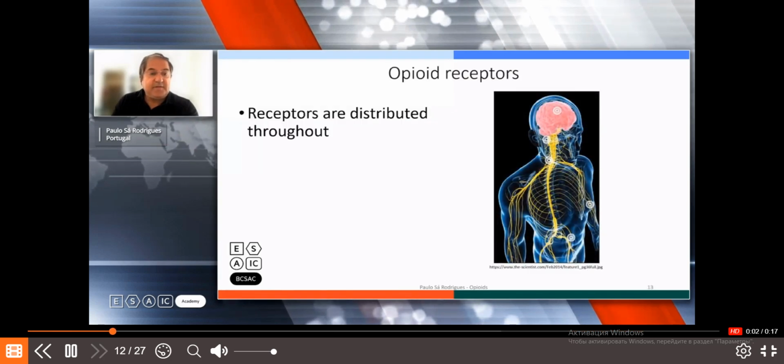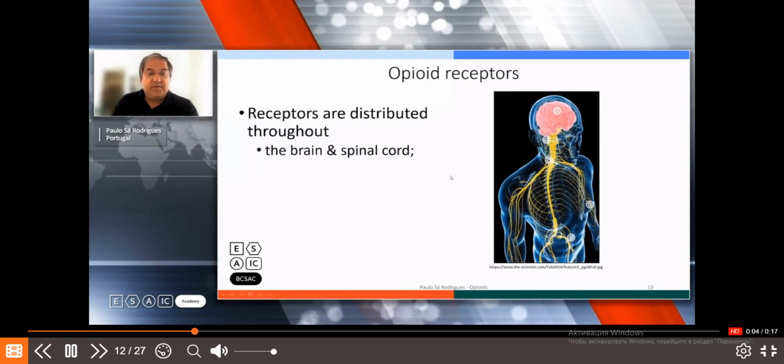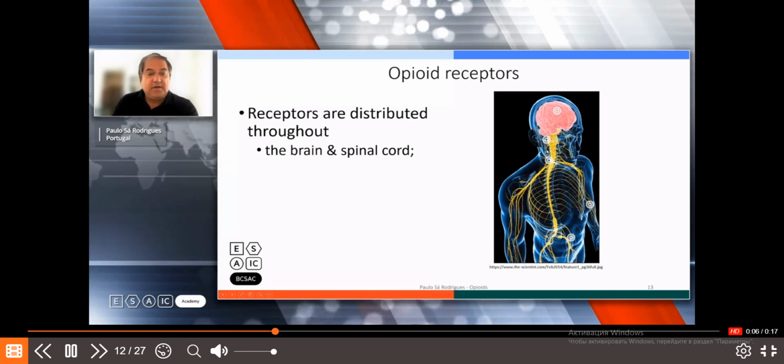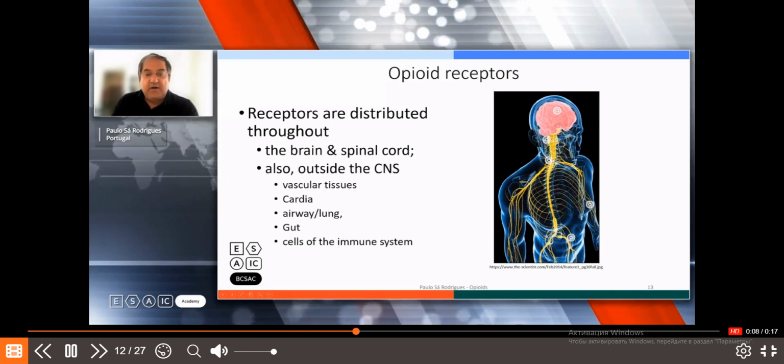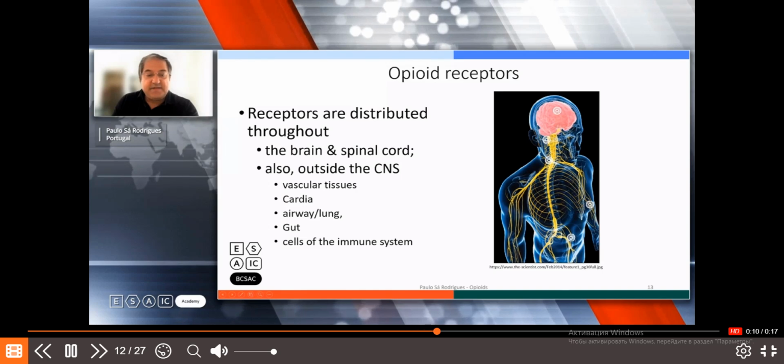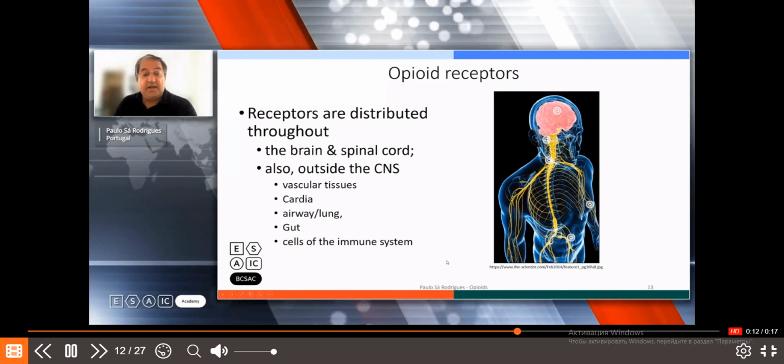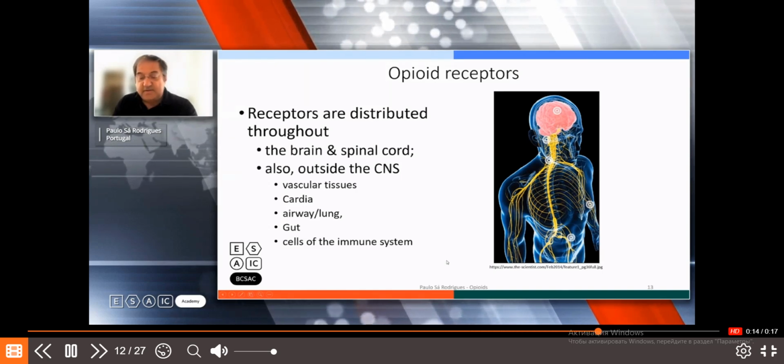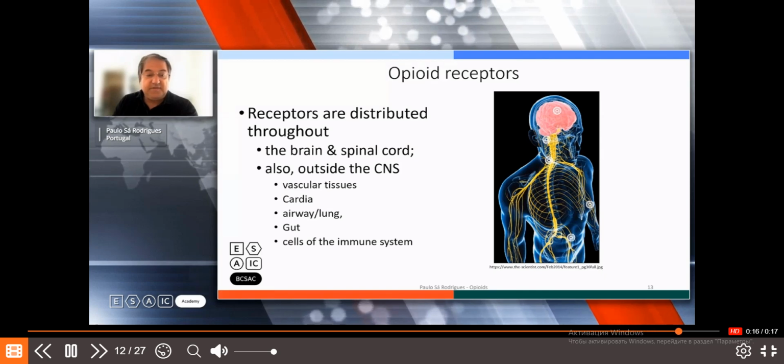These receptors are distributed throughout the brain and the spinal cord, and also outside the central nervous system, such as vascular tissues, cardia, airway, lung, gut, and on cells of the immune system.